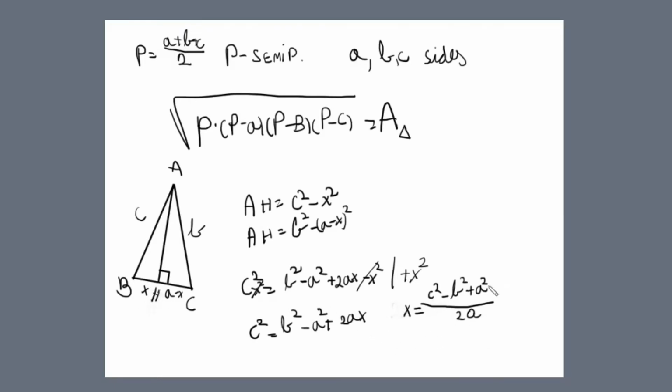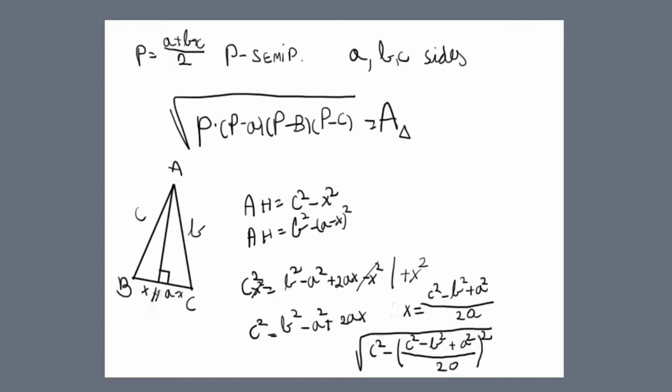Then what we're going to do is take this, C squared minus B squared plus A squared all over 2A, everything squared, and C squared minus this thing, the square root of all of this, is going to be equal to the height because of the Pythagorean theorem.